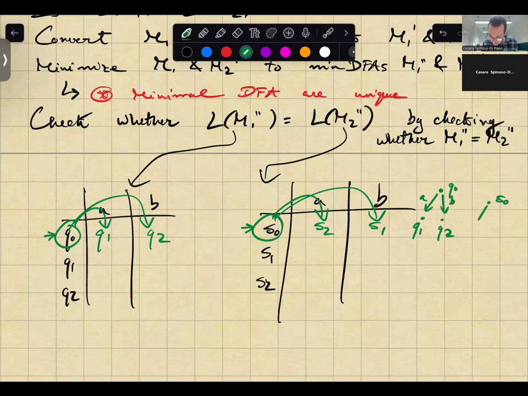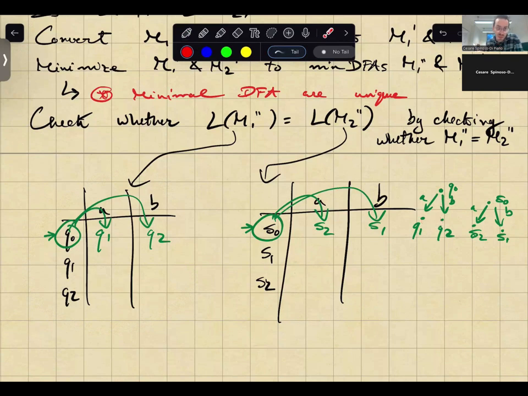And S naught with an A goes to S2, and with a B goes to S1. And then I can fill in the transitions for Q1 and Q2 as well.